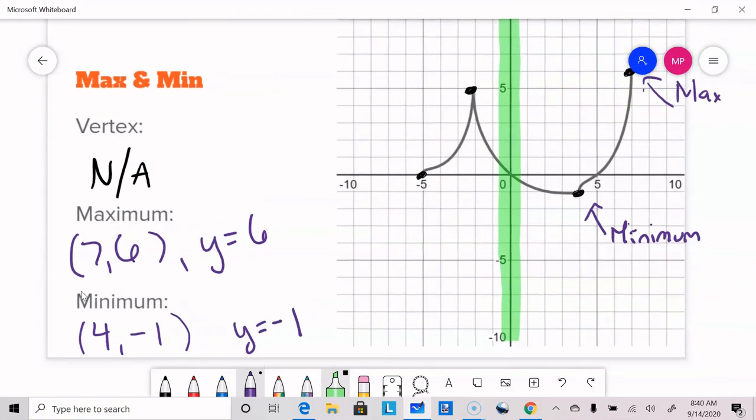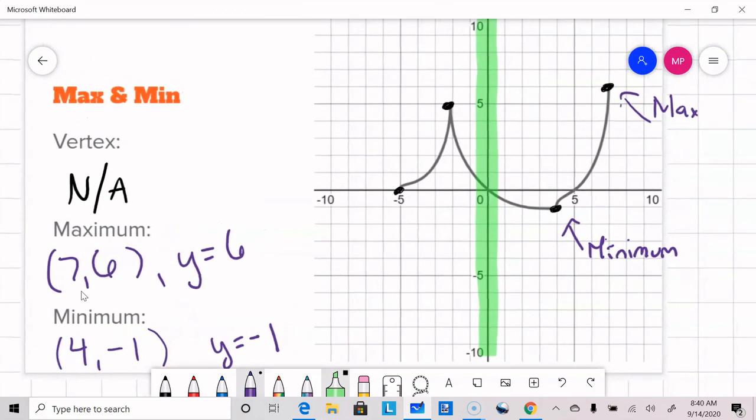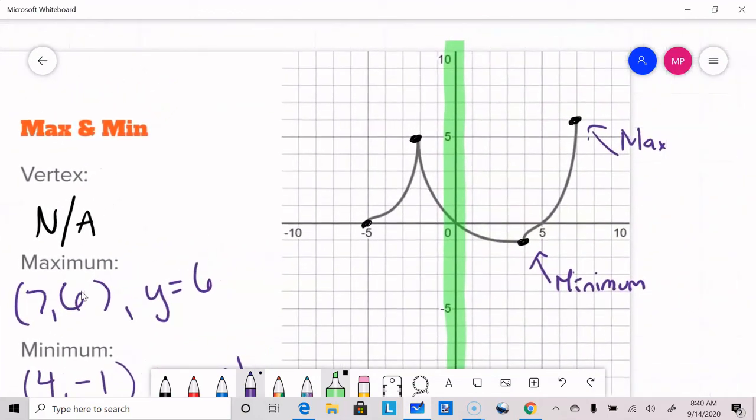And just a quick reminder when getting points from the coordinate plane. If we have the x and y, we'll have positive values for both x and y right here.